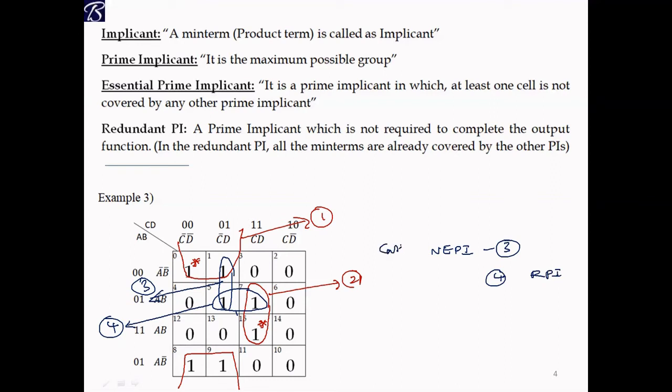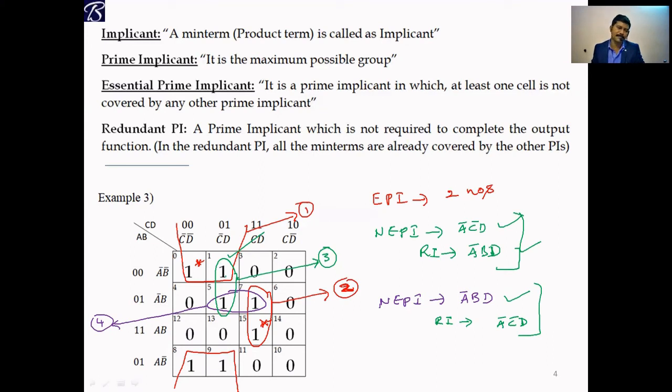Case 2: if you take NEPI 4 to complete the output function, then 3 is redundant, no need to take it. So this is the analogy and explanation of the difference between essential, non-essential and redundant prime implicants. I hope you understand.